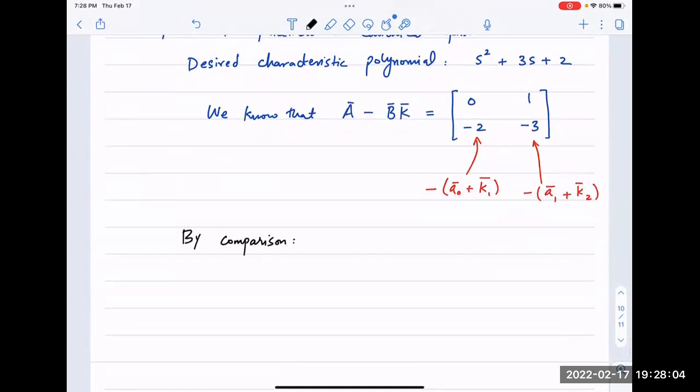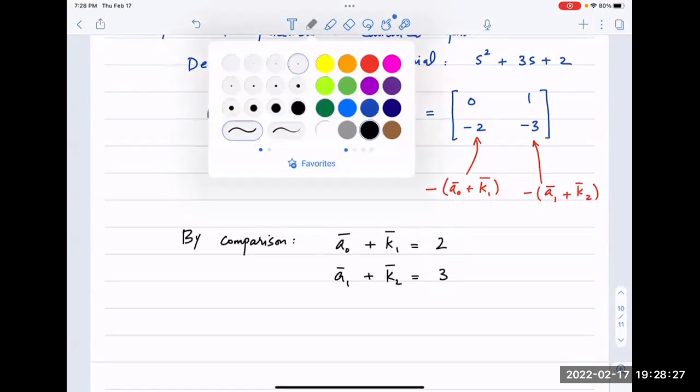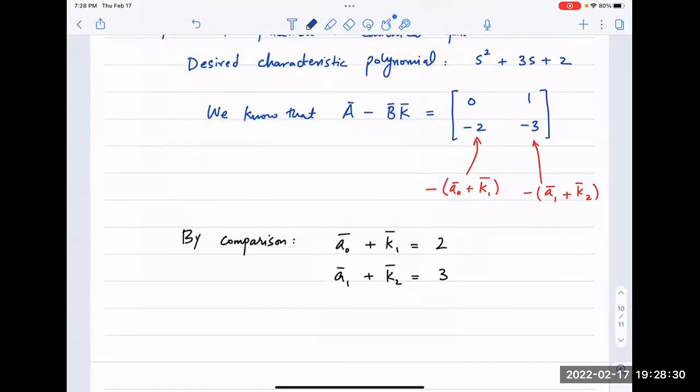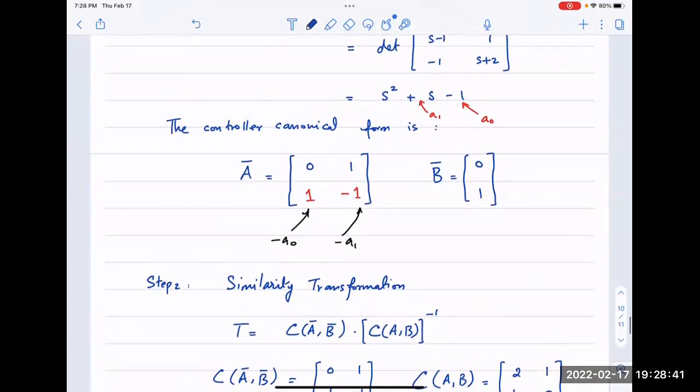So comparison says a0 plus k1 bar is minus 2, and a1 plus k2 bar is minus 3. Actually, we can drop the signs here: it's 2 and 3. This a0, you know from earlier. I should have written a0 bar here.